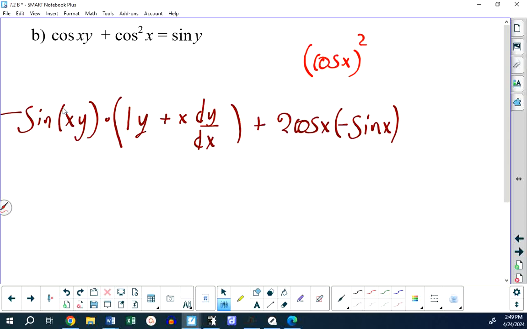So it's a power. I move that 2 in front of the cos of x, drop 1 from the exponent, then multiply by the derivative of cos of x, equals sine of y. Well, the derivative of sine of y is cosine of y times dy/dx.